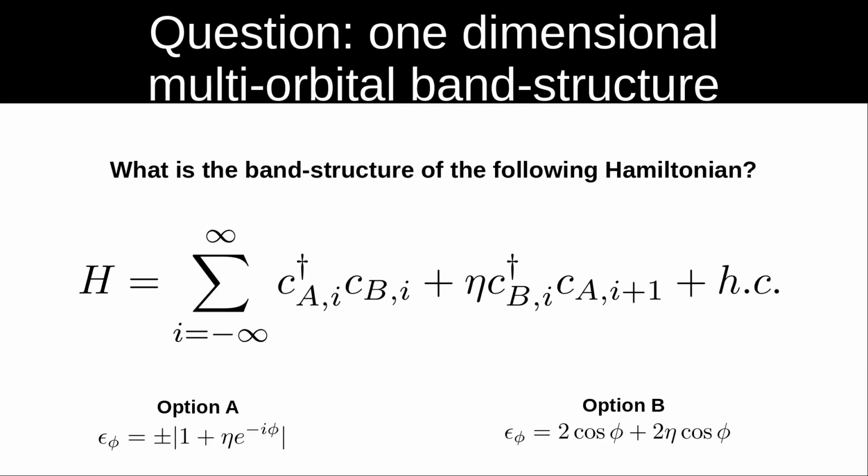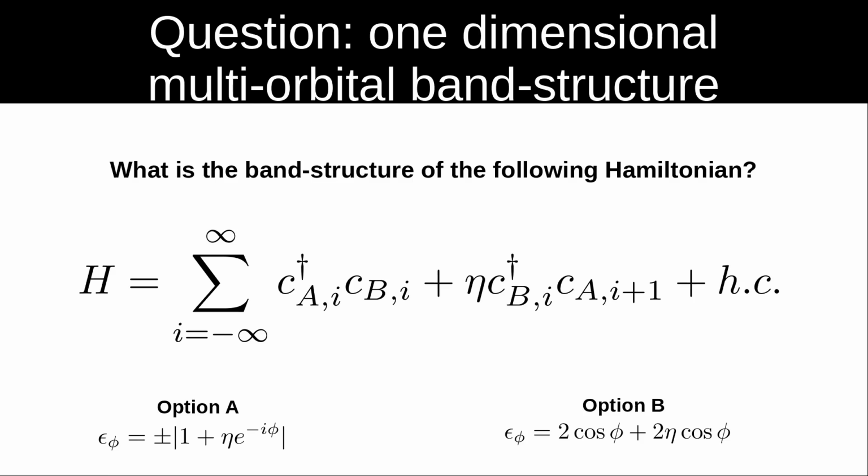What would be the relation between the eigenstate and the symmetry eigenvalue phi for this Hamiltonian? So this Hamiltonian where we have two orbitals per unit cell, orbital number A and orbital number B. And then we have strong coupling within the unit cell, and then a weak coupling between this unit cell and the next one. And the coupling is eta.